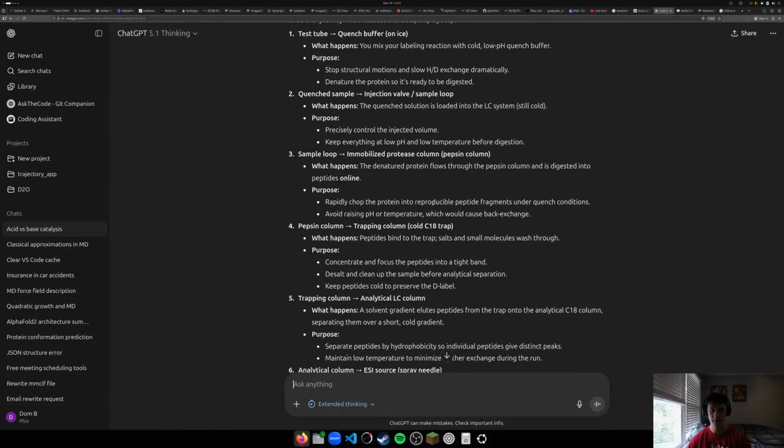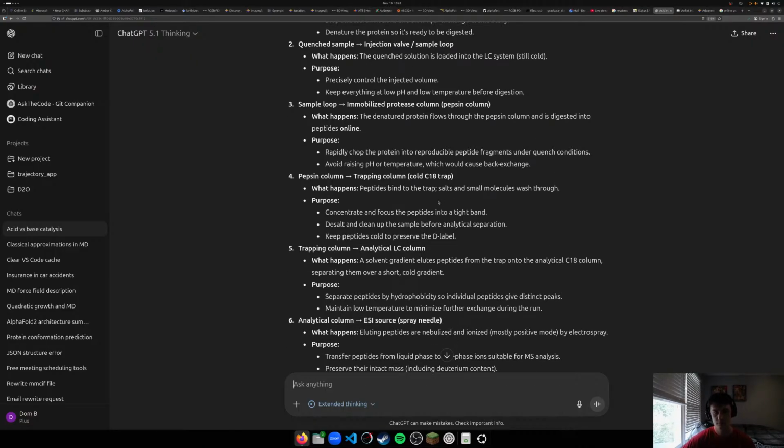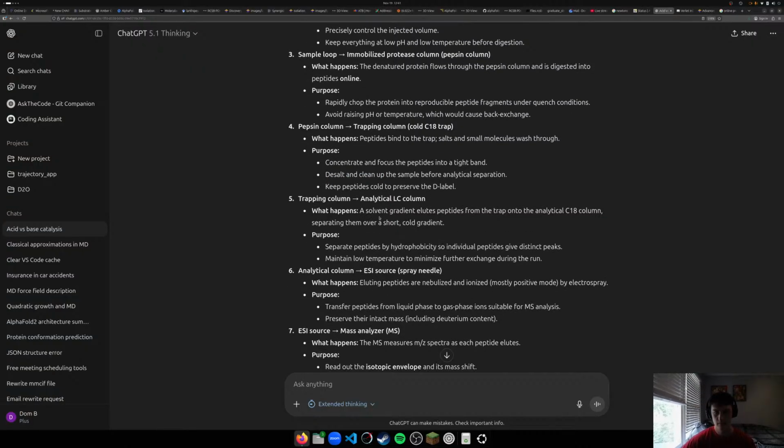So then the pepsin column goes to the trapping column. Peptides bind to the trap, salts and small molecules wash through. A solvent gradient elutes peptides from the trap onto the analytical column, separating them over a short cold gradient.